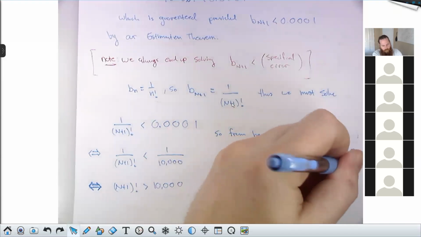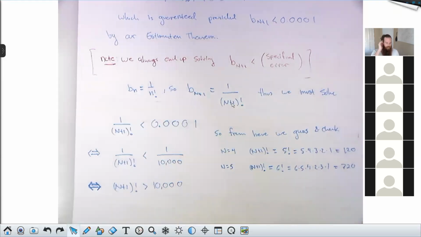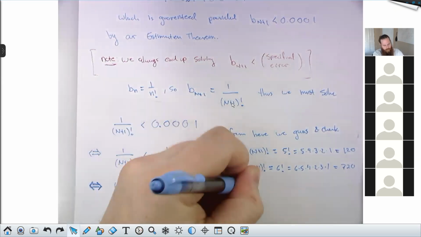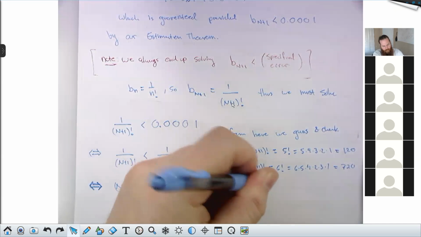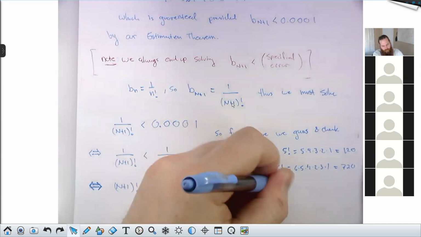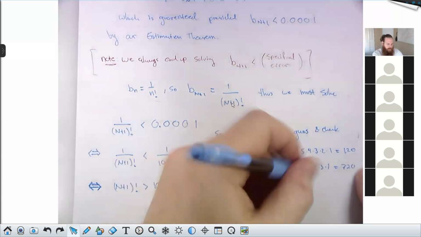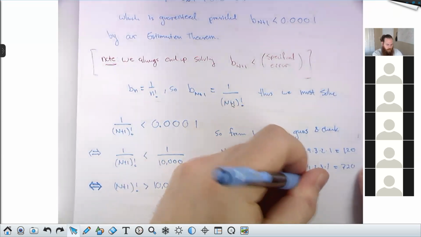That's 720. I'm going to stop writing these out now, but when n is 6, then n plus 1 factorial is 7 factorial, which is 5,040.